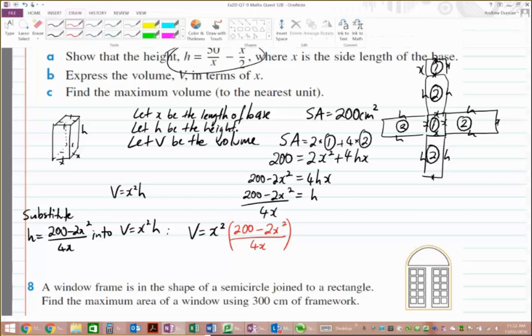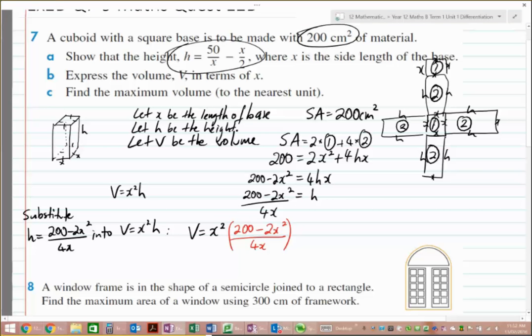And again, I'll try and make this a little bit simpler doing the multiplication. Remember, imagine it's divided by 1. V equals x squared, 200 minus 2x squared over 1 times 4x.